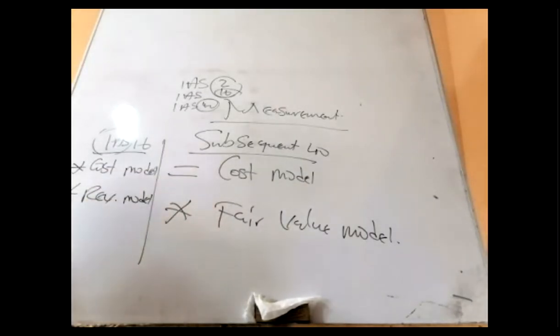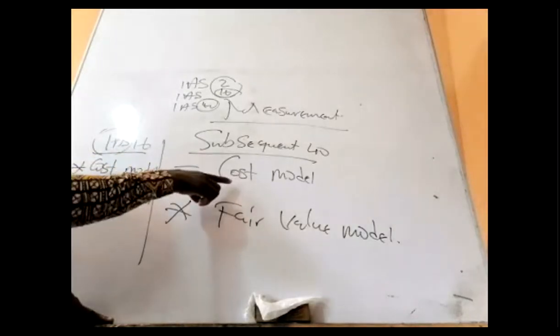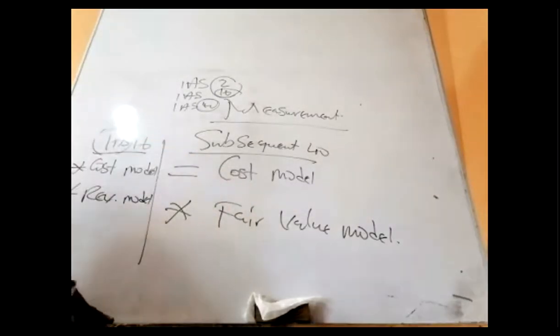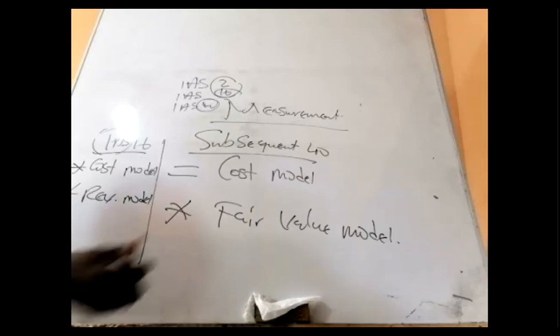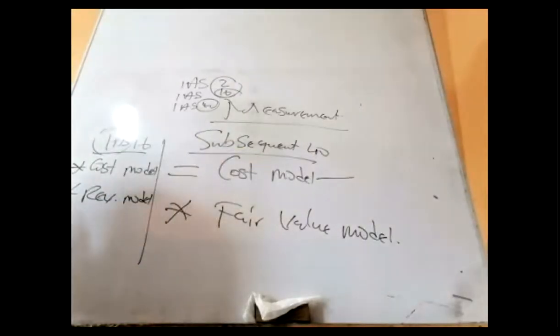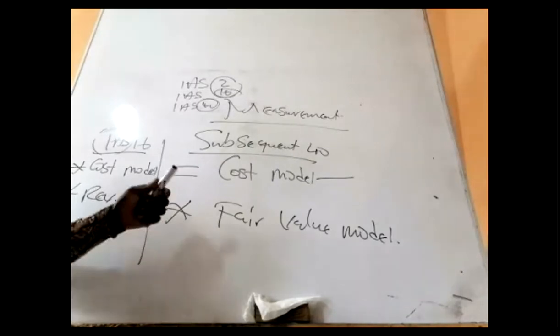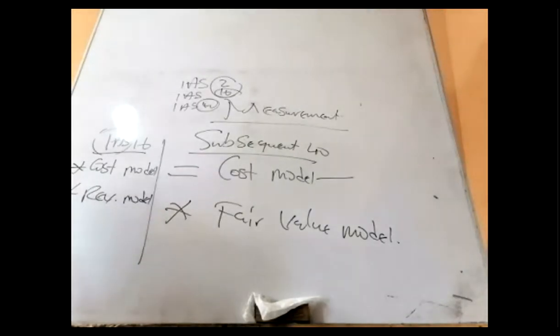It means that under IAS 16, under the cost model, we depreciate these PPEs. In the same way, investment property held under the cost model should also be depreciated. It must be depreciated over the useful life of the asset and carried at depreciated cost.